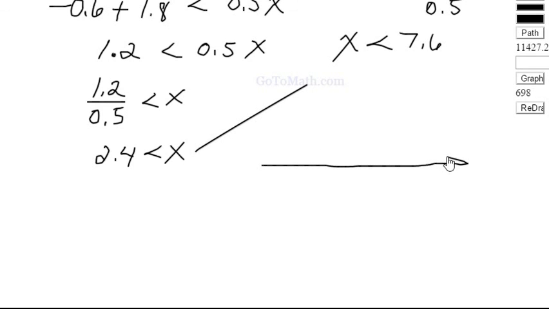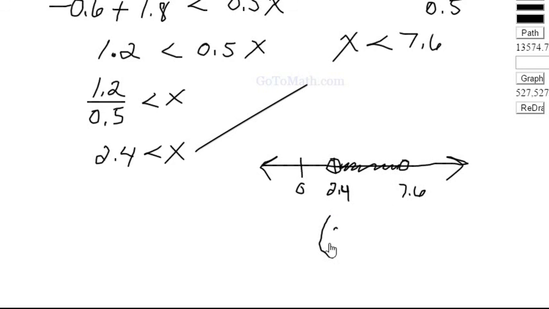Alright, so we got both those guys. So we do a number line, and we'll just label 0 right here for the heck of it. So we have 2.4. Now we're not including it, so we'll put an open circle. And then we'll say that this is 7.6, even though this may not be to scale here. And everything in between.